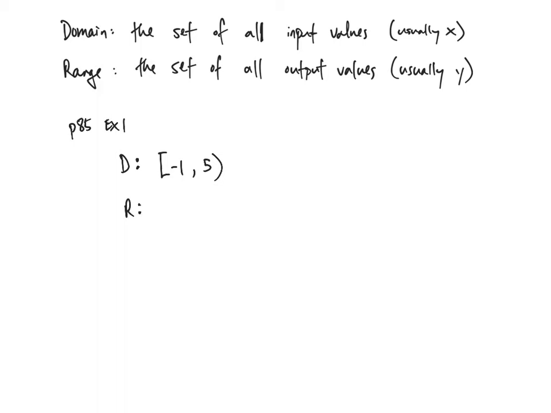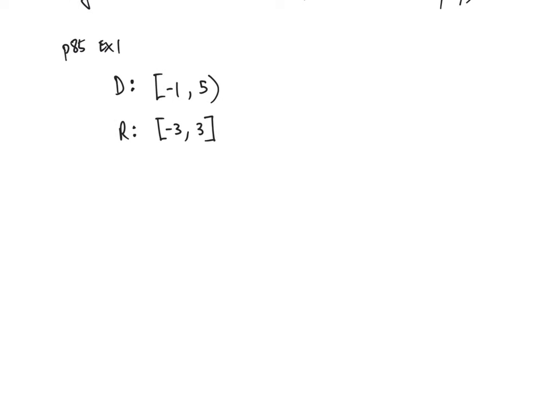Whereas the range, looking from bottom to top, the lowest point has a value of -3, and the highest point has a value of +3. So, and both of those points are included in the function, so that's why you have the brackets for the range.